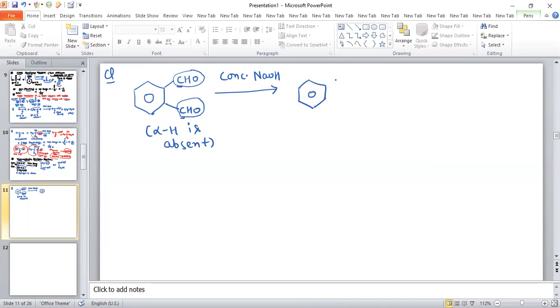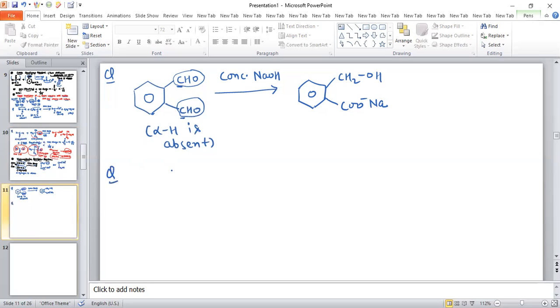So this is also an intramolecular Cannizzaro reaction. One of them will reduce and one will oxidize. You can also say this can reduce or this can oxidize.